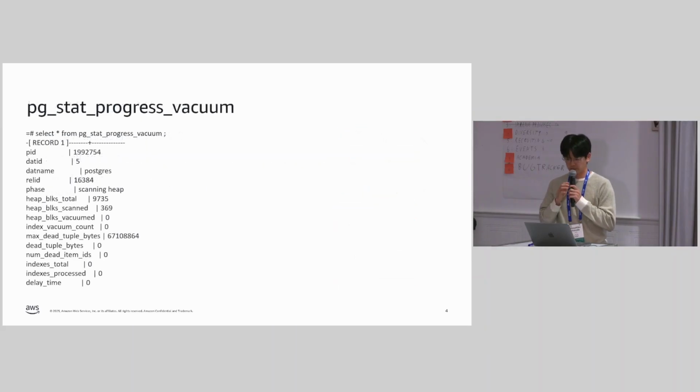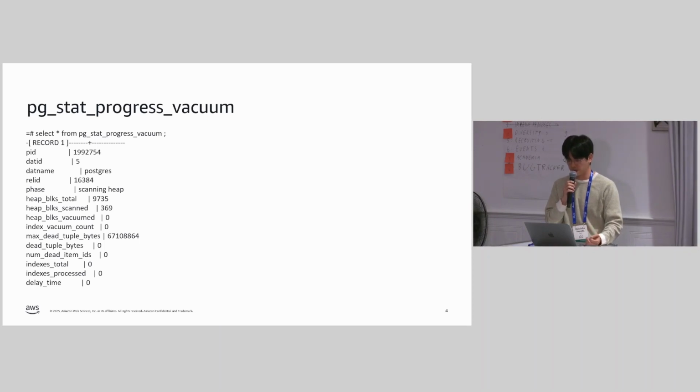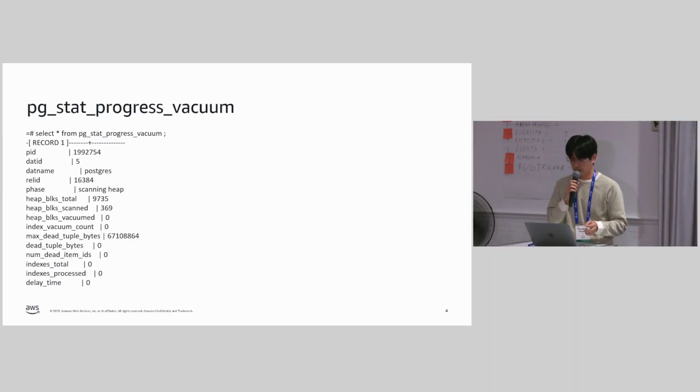The pg_stat_progress_vacuum view provides important information for monitoring the current vacuum execution and what's going on in vacuum processing. This view reports the current phase and progress in each phase. For example, it shows how many blocks are in the table, how many blocks we scanned so far, and how many blocks we vacuumed so far in phase 3.